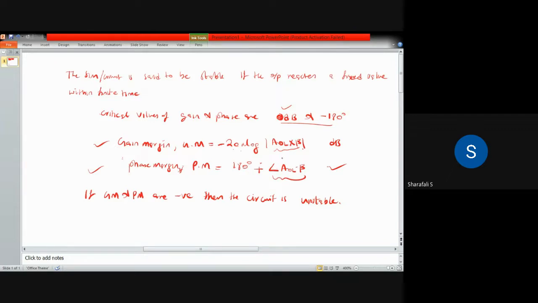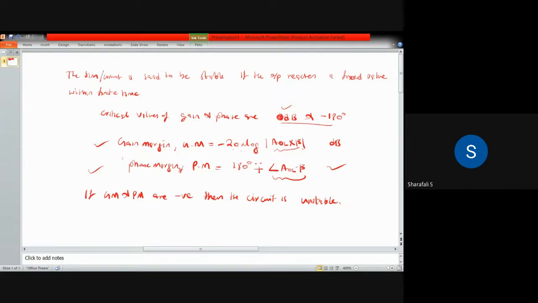Under that condition, this phase margin will become negative. If, for example, this value is going to be minus 200 or something, then the total value will become negative, the phase margin will become negative, and your circuit will be unstable.